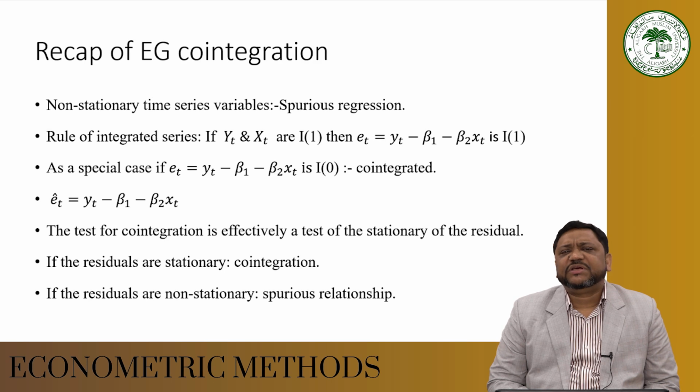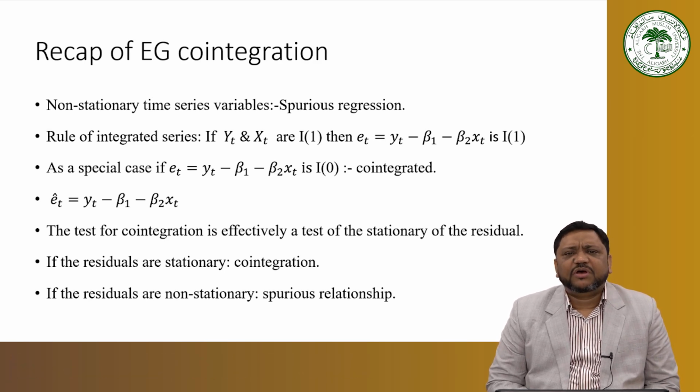If the residual series is not stationary, there is no cointegration. Cointegration implies that Yt and Xt share a similar stochastic trend, and since the difference term e_t is stationary, they never diverge too far from each other.